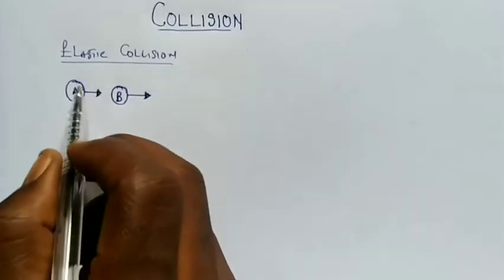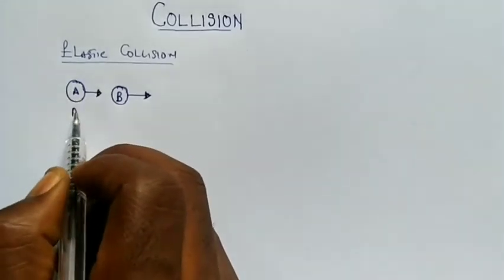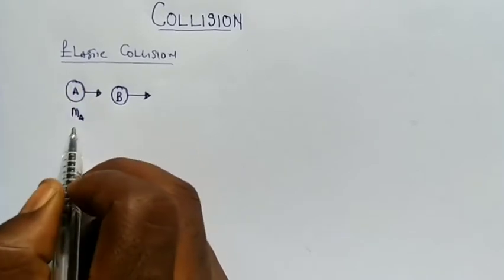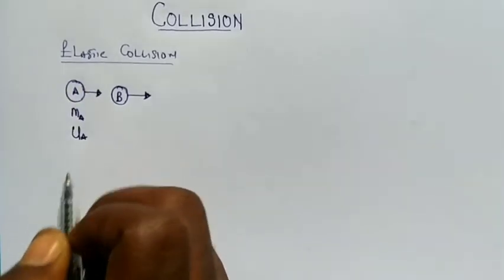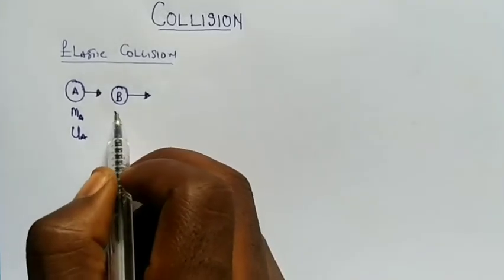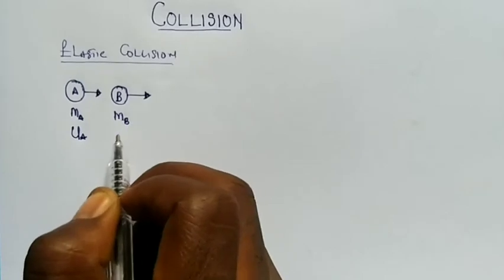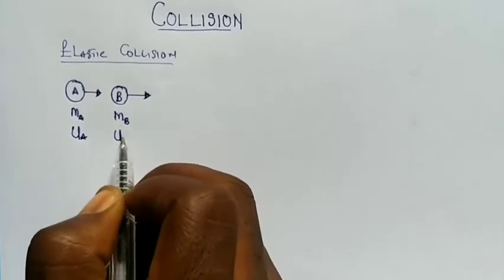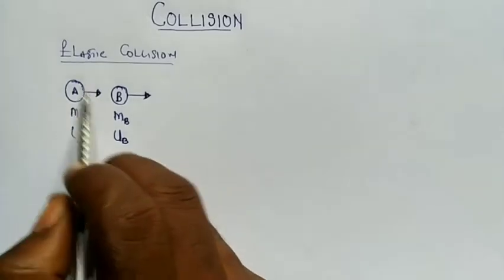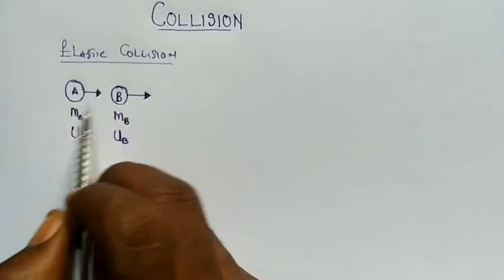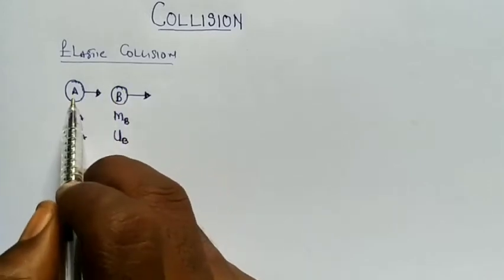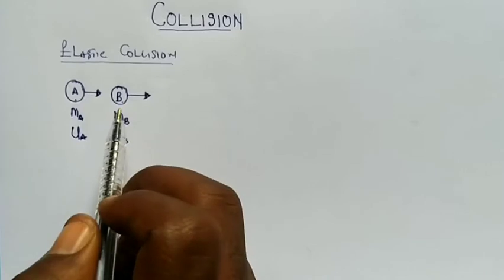Now we know body A will have its own mass A, and body A is also moving with an initial velocity of A. And body B too has its own mass of B and initial velocity of B. Now let's assume that the initial speed of A is more than the initial speed of B. What happens? A will catch up with B.